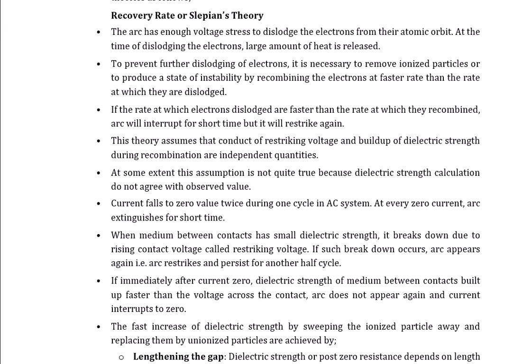The arc has enough voltage stress to dislodge the electrons from their atomic orbit. At the time of dislodging the electrons, a large amount of heat is released.